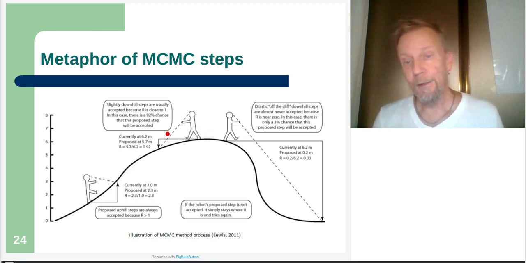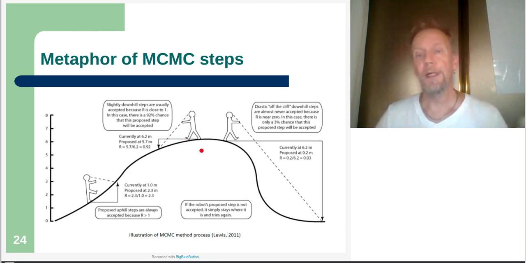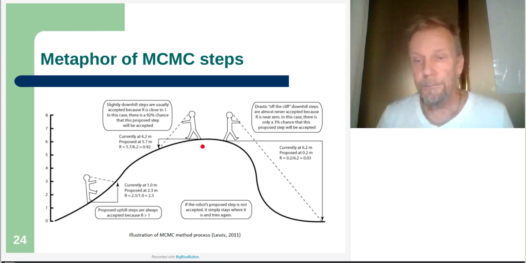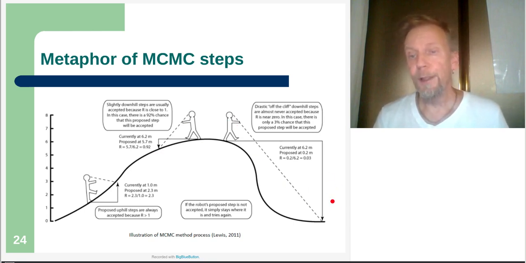But then if we are taking a step down, we make a random choice of a number which we can accept, a drop in probability which is acceptable, and the choice is such that we will have smaller probability of accepting large drops and a higher probability of accepting smaller drops.